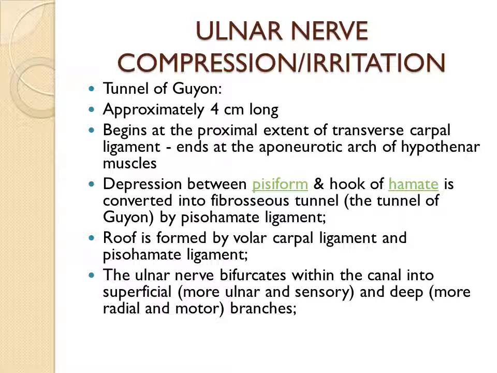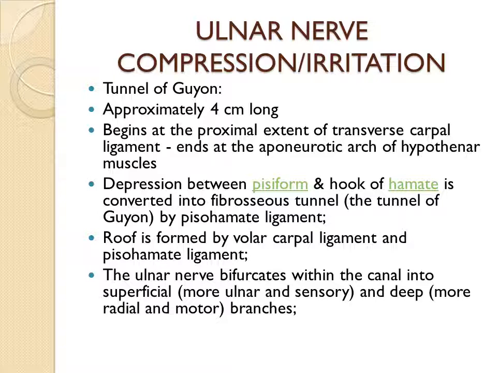Now, the ulnar nerve passes through the Tunnel of Guyon, and within the Tunnel of Guyon, it bifurcates. And it bifurcates into a superficial branch, and it's the superficial branch that is more ulnar in position in the canal, and that's a sensory branch.